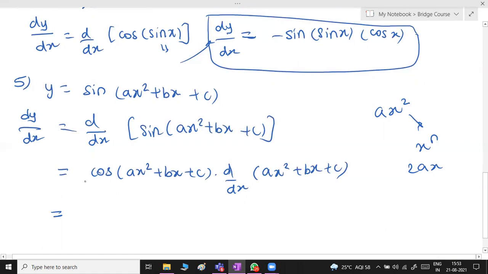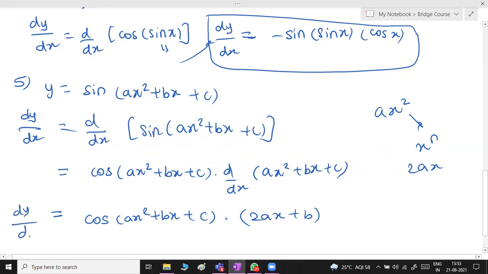So here it's going to be cos, am I right? ठीक है चलो, cos ax square plus bx plus c into 2ax plus b into 1 is b and constant का differentiation 0.